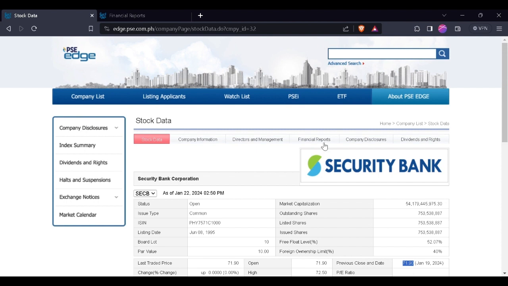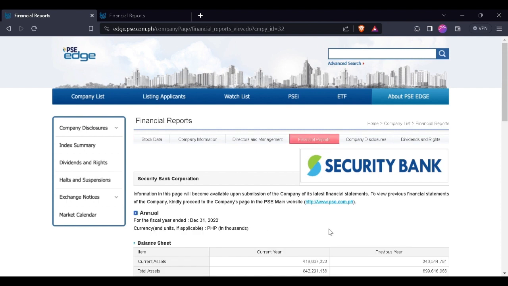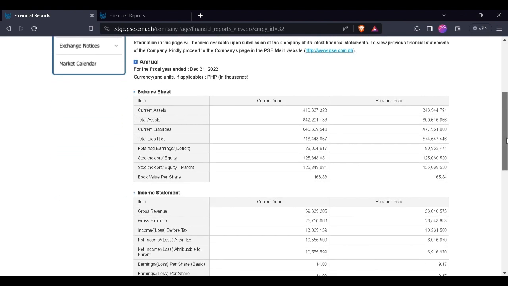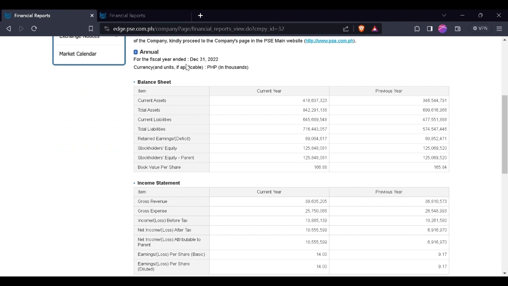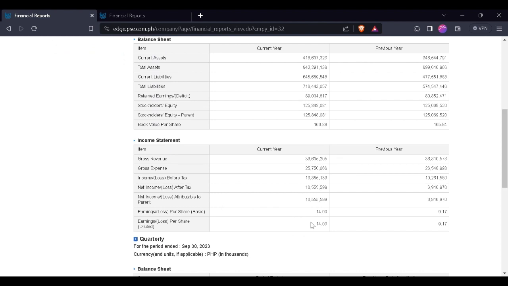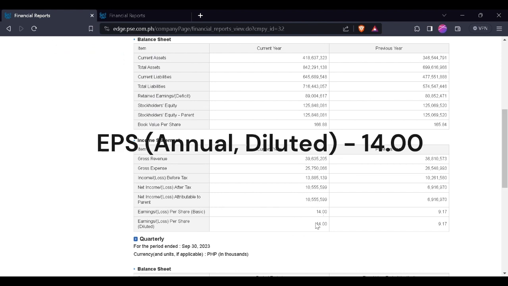you go to the financial report section of this website, and then you can use the current annual EPS under the income statement. For the current year, it is 14 pesos per share.